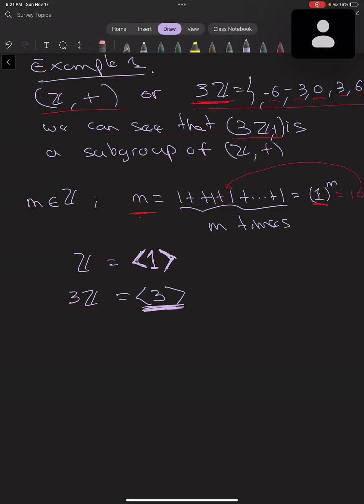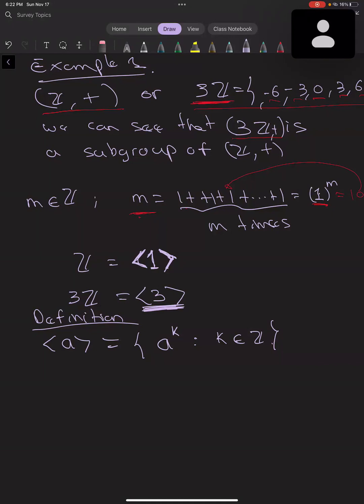So this notation, so definition, means all the k iterations of A, for k an integer.